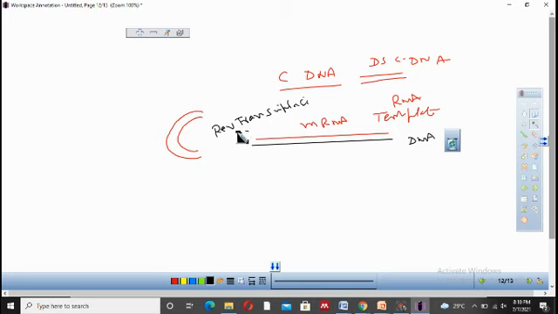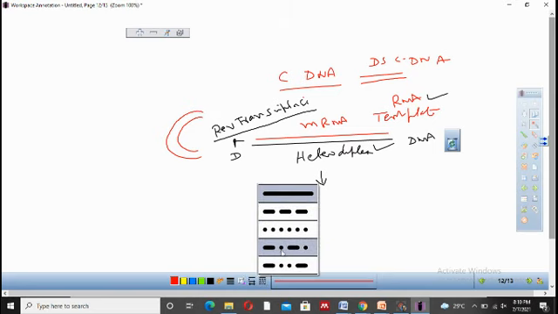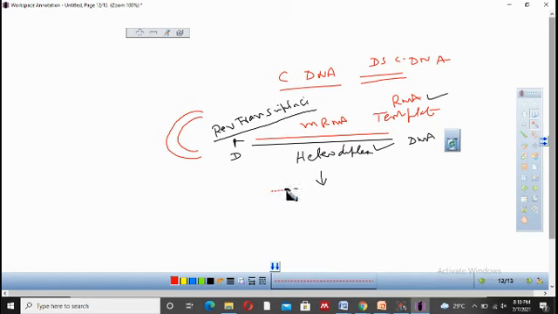It is the enzyme which uses the RNA template and synthesizes the DNA strand. But this is a heteroduplex, meaning one is the RNA strand and another one is the DNA strand. After that, this RNA is degraded.